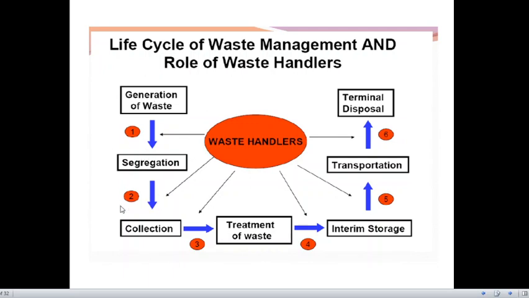The collection team will collect, and then number 3 will be treated with different methods. After treatment, it will go to the interim storage, and from there we will do the weighing and all sorts, and then it will be number 5, transported, and after transportation it will be disposed of in the terminal disposal. So that is how it goes by the waste handlers.